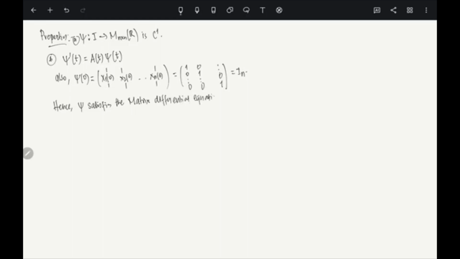It is given by phi prime of t equals A times phi of t, and phi at the point 0 is identity. Since phi at the point 0 is identity, I do not have to tell you that you can use Abel's theorem, and you can say that the determinant of phi of t is never going to be 0 for all t in I.